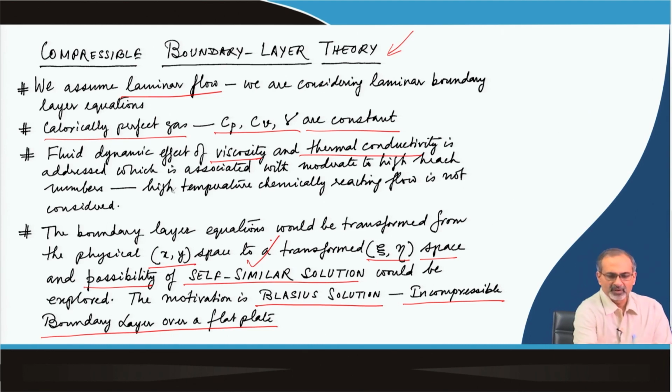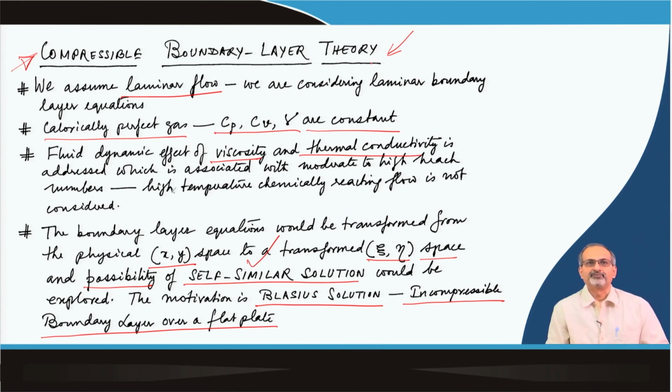So, our motivation is whether the compressible boundary layer equations would also manifest the self similar behavior or not, at least for certain kinds of flows. Flat plate is definitely one of them.